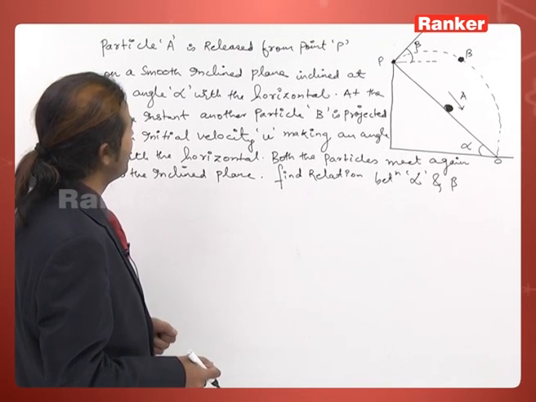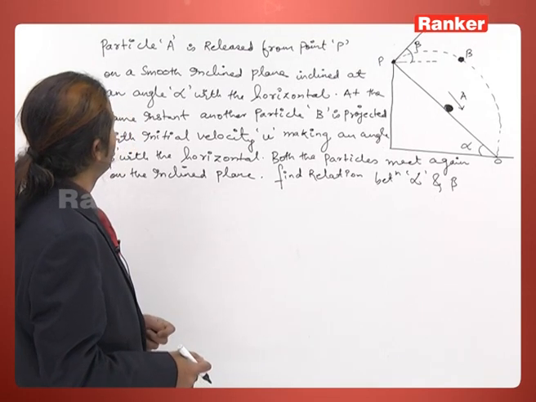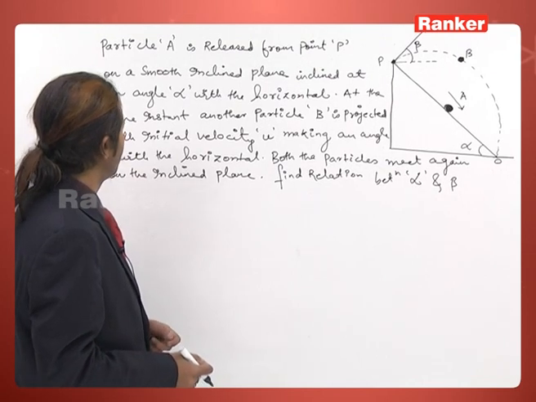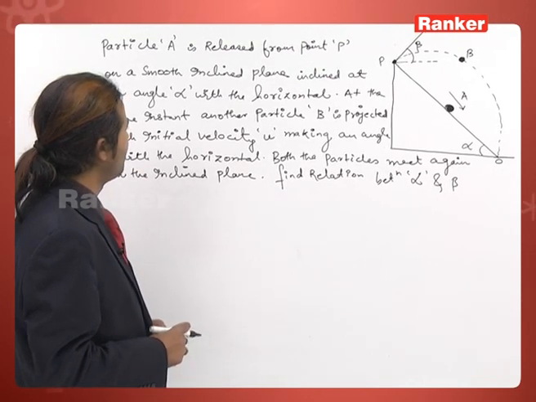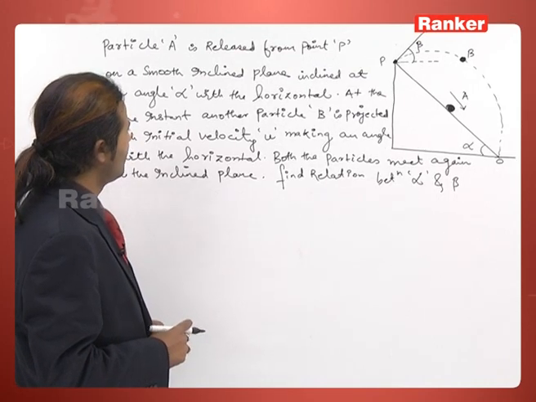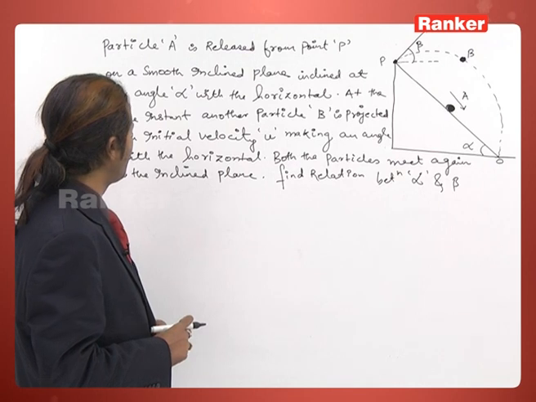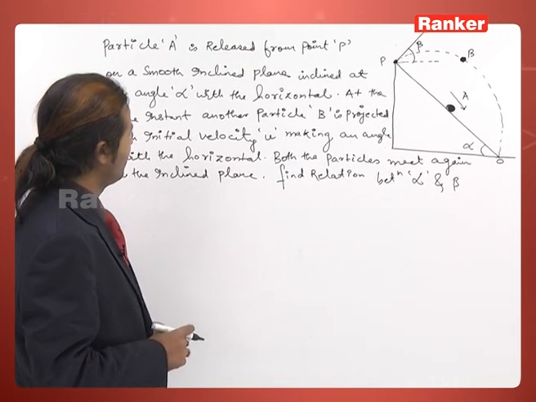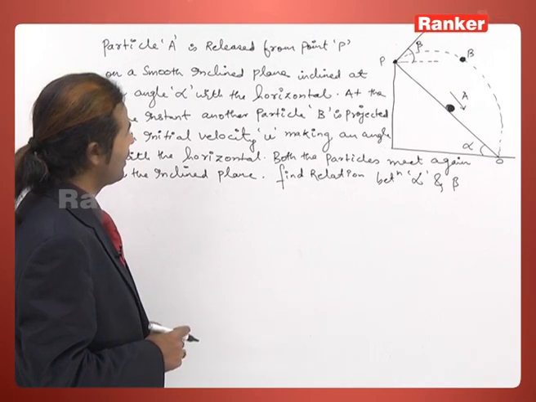So this is a question. Particle A is released from point P on a smooth inclined plane at an angle alpha with the horizontal. At the same instant, another particle B is projected with initial velocity u, making an angle beta with the horizontal. Both the particles meet again on the inclined plane. Find the relationship.